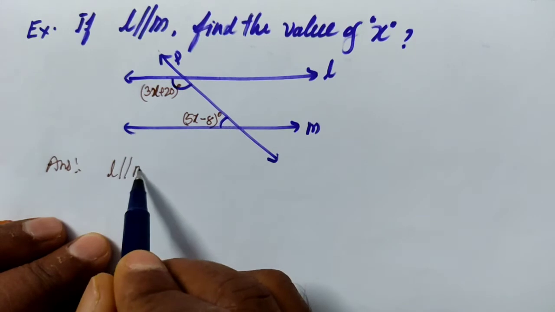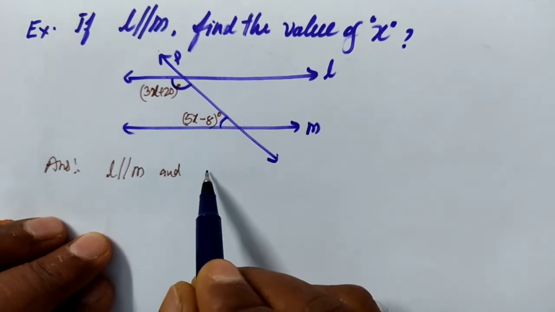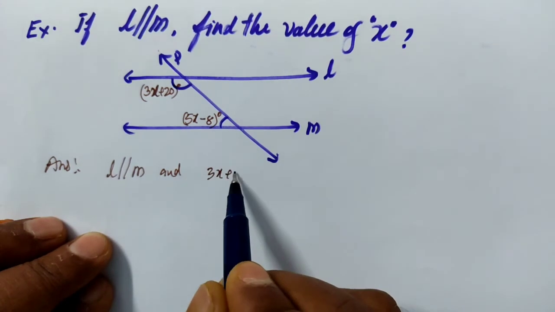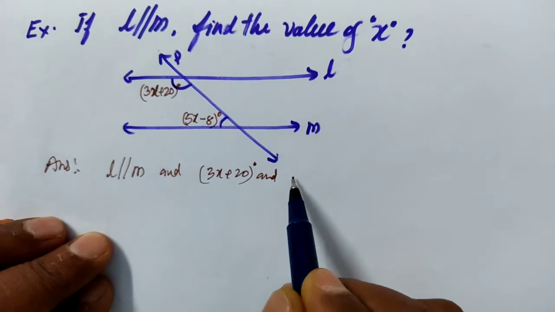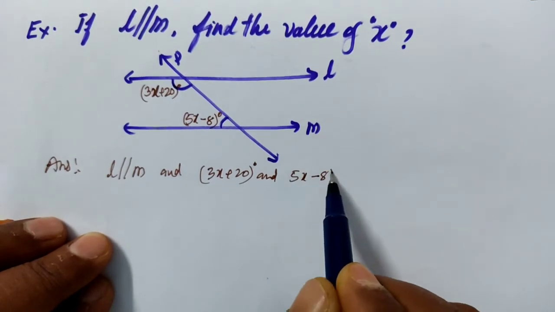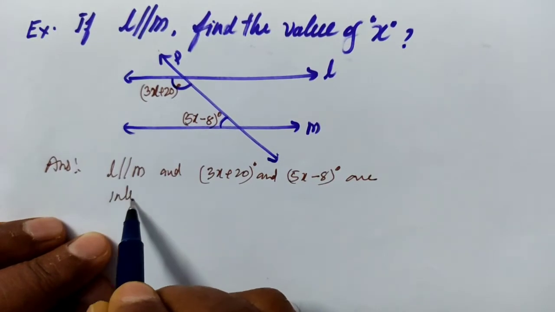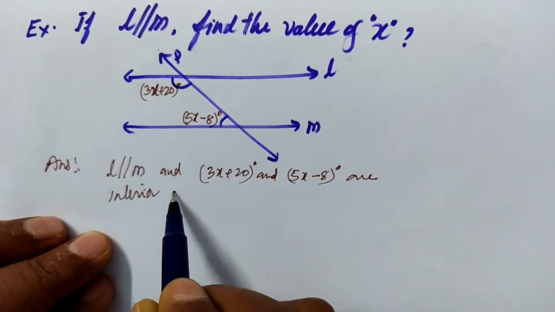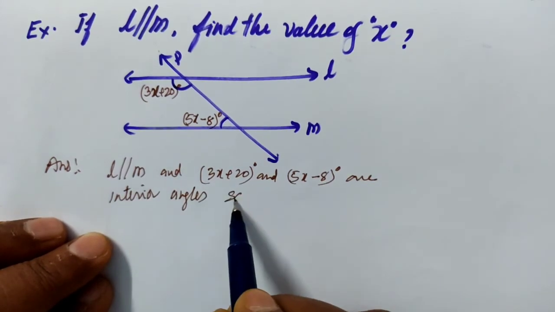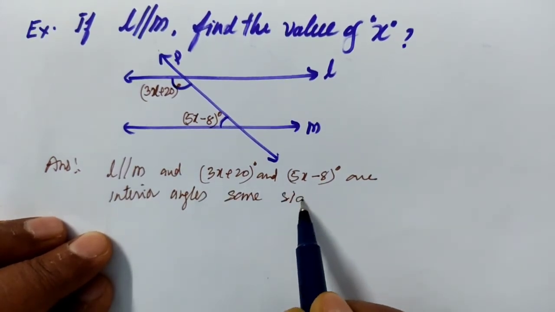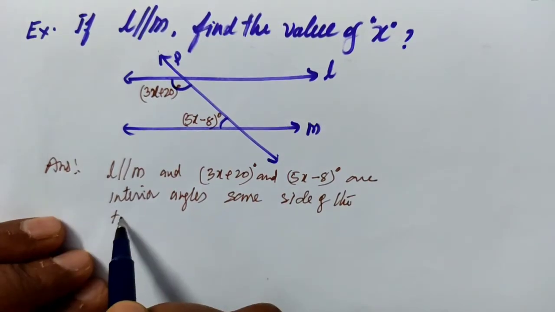L parallel to M, and 3x plus 20 and 5x minus 8 degrees are interior angles on the same side of the transversal.